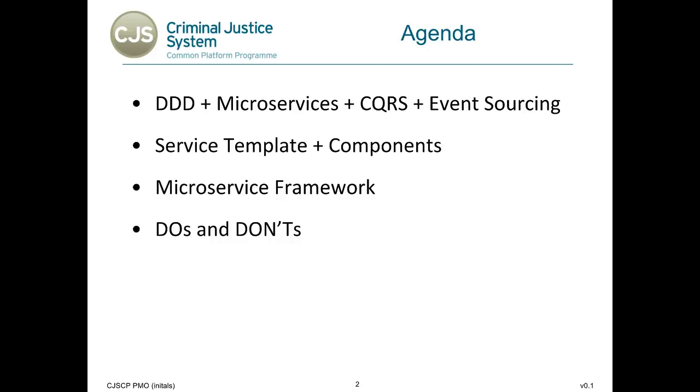Then to move on to a bit more of the detail about our service template and the components that make up a service. And then eventually, on the third point there, getting onto the actual microservice framework itself and digging into a bit of the detail. And then finishing off with a nice long list of do's and don'ts, which will hopefully spur some provocative thought and questioning around why those are the case.